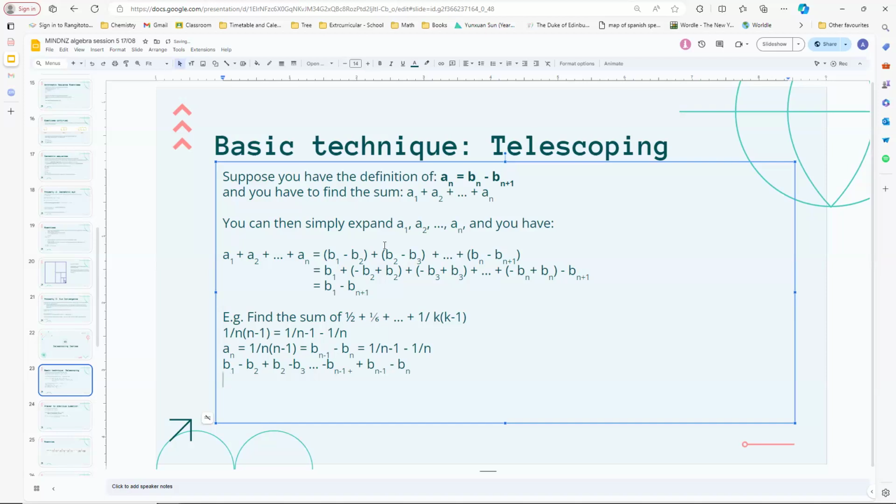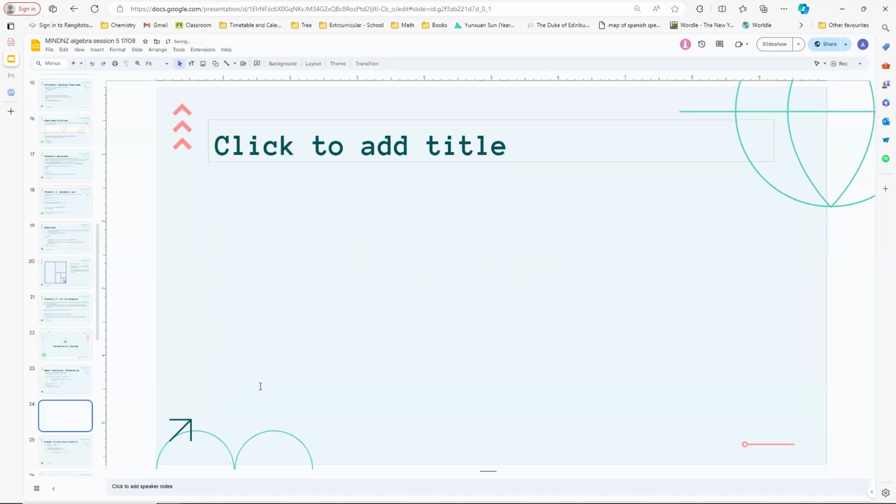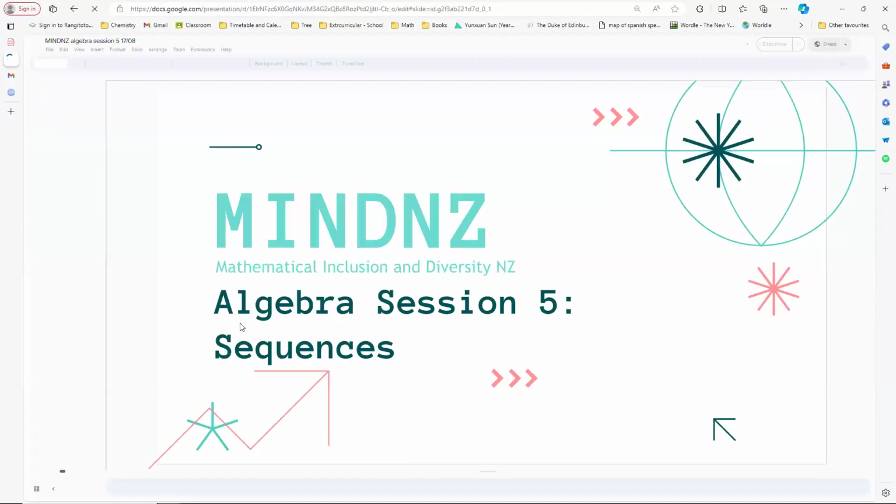So now we know that the sum of 1/2 plus 1/6 plus all the way to 1 over k times k minus 1 is equal to b1 minus bn. Oh wait, sorry.